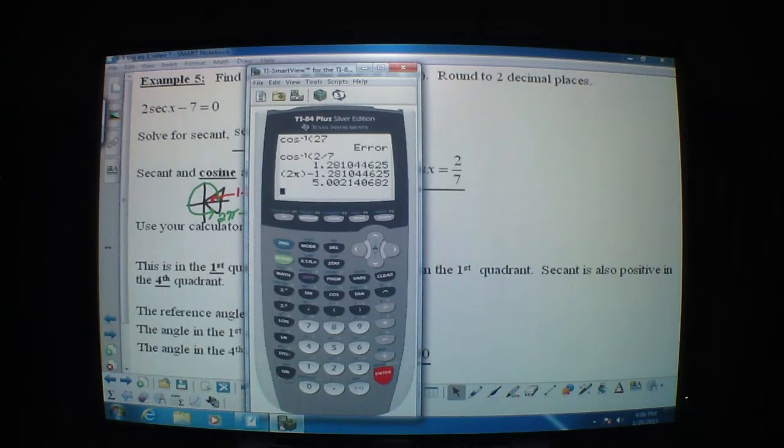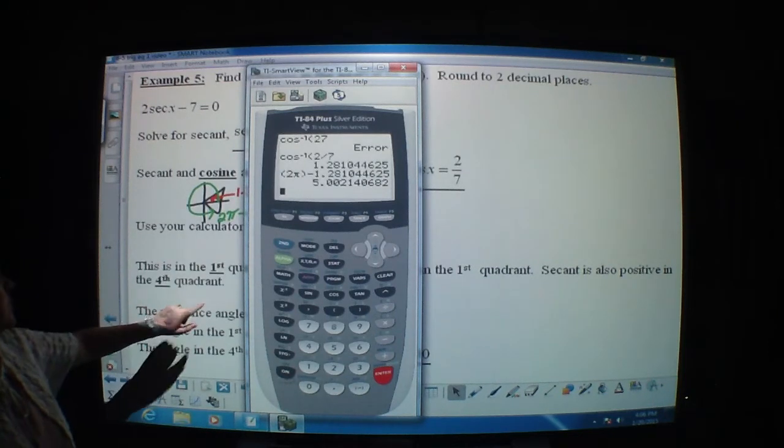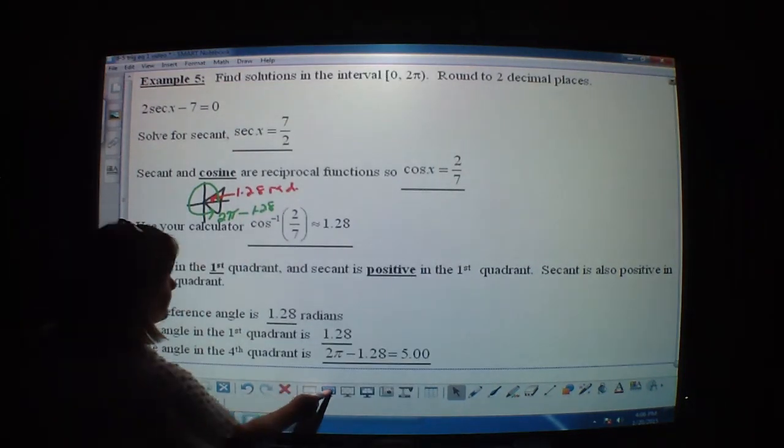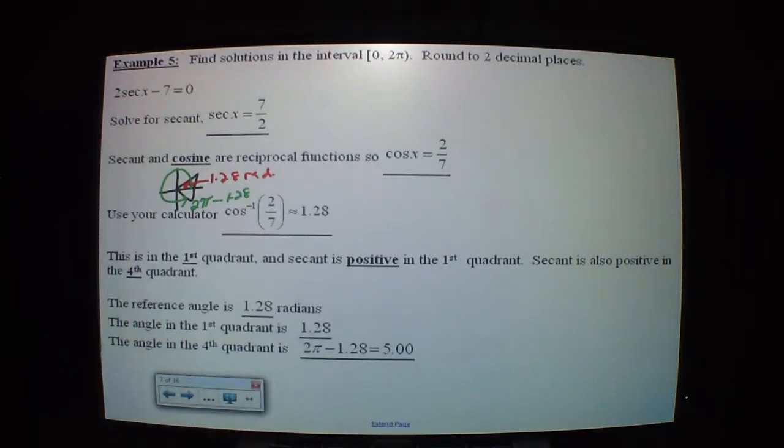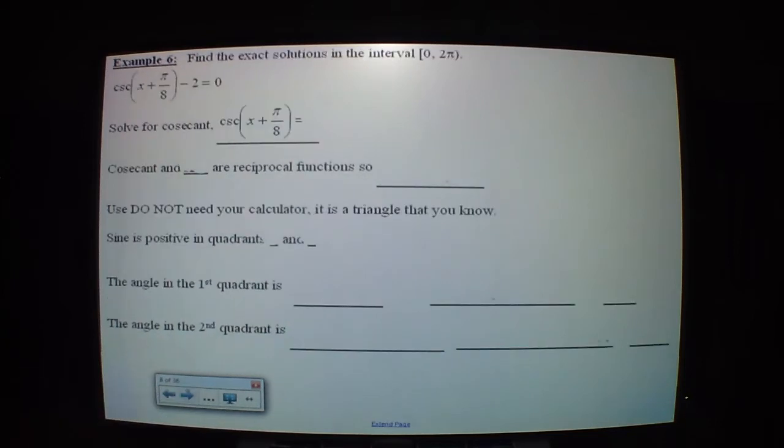See, 5.002140, so 5.00. And I'm done. I went 0 to 2 pi. 2 pi is 2 times 3.14, which is about 6.28, so between 0 and 6.28. There's my 2 answers. Example 6, find the exact solutions.